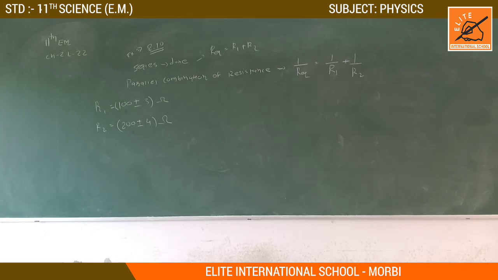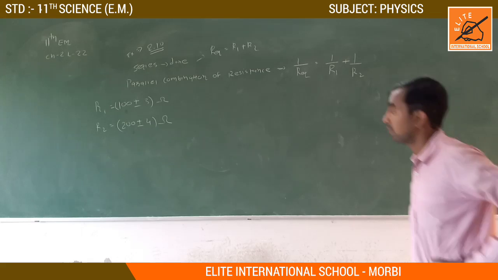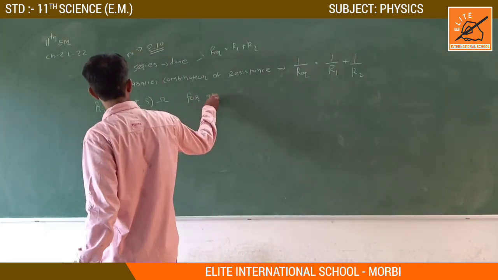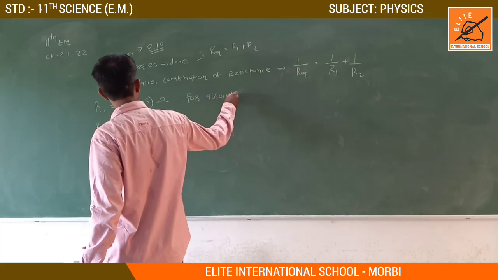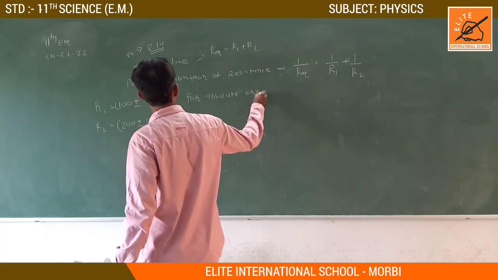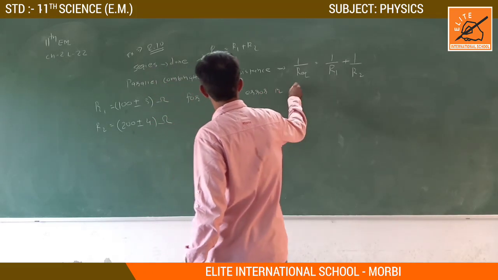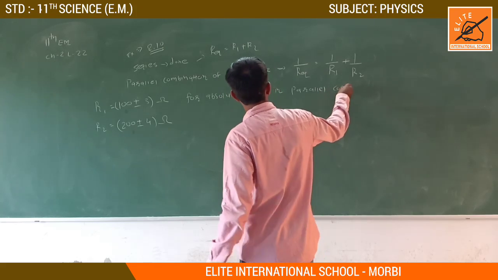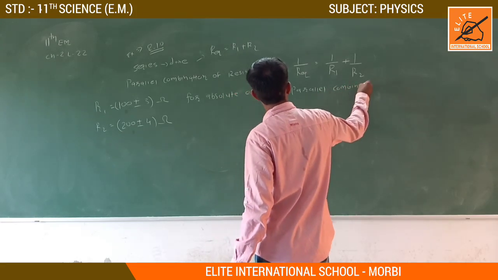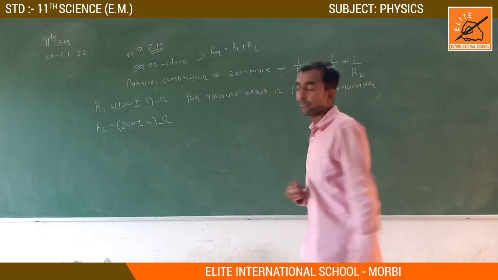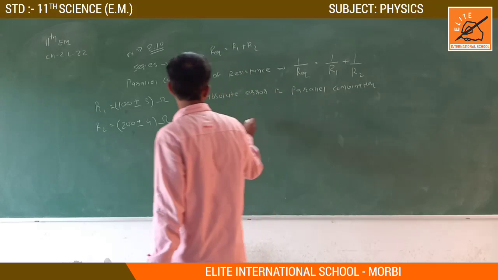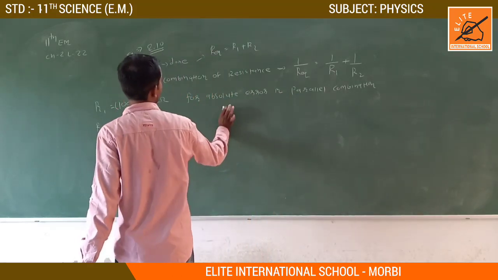Equivalent resistance in series and parallel connection, and the absolute error in the parallel combination. So this is the parallel combination, we can write it like that.